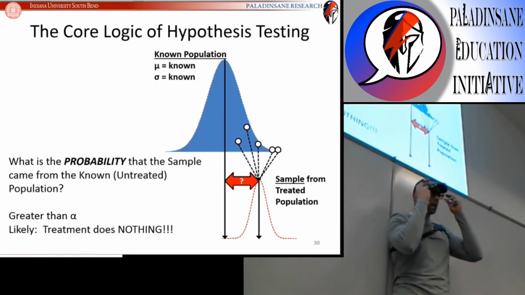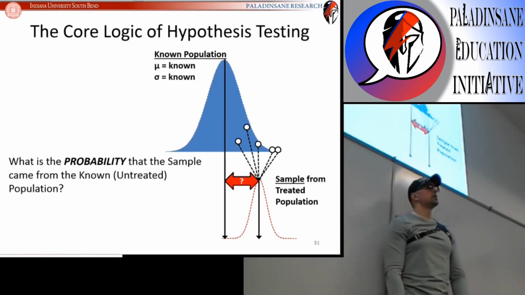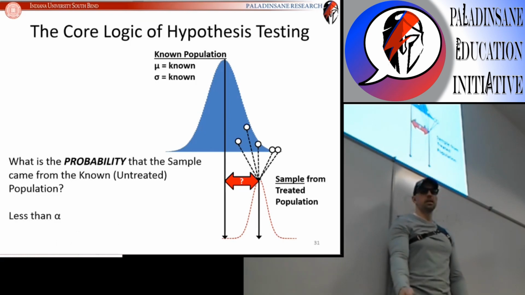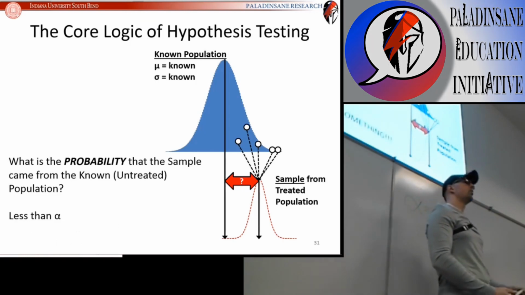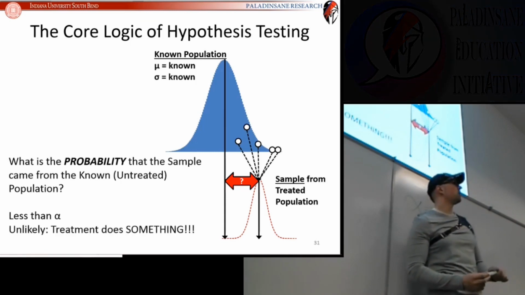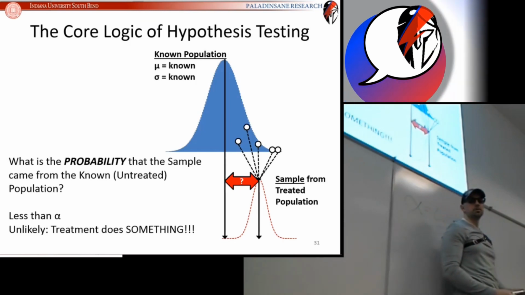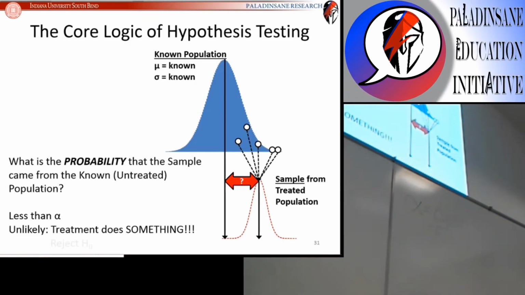It's too likely to still belong to the population for us to conclude that our treatment does something, so we accept the null hypothesis. If, on the other hand, the probability of your sample still belonging to the population is less than alpha, we say, well, it's still possible, but it's pushing the realm of possibility, so it must be that our treatment does something, and we reject the null hypothesis.